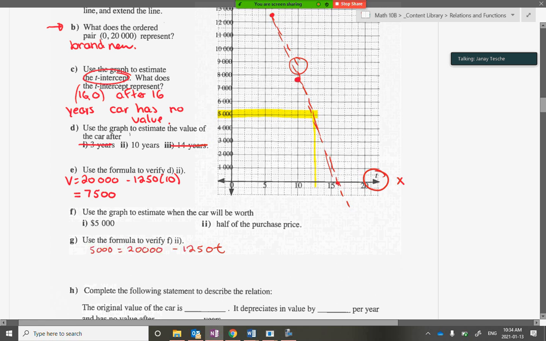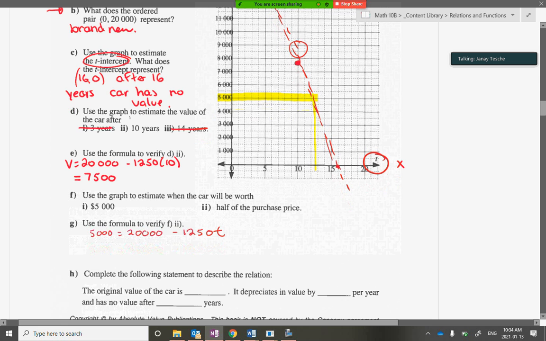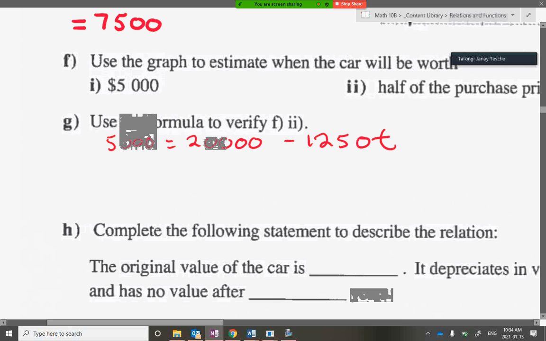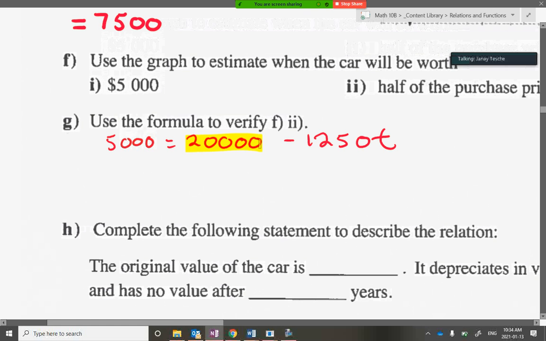What's my first step now in isolating? No. This is where it gets a little bit tricky. You have to cancel out your constant first, your term without the variable. So the 20,000 you actually have to get rid of first. It's written first, but it's not the leading term.